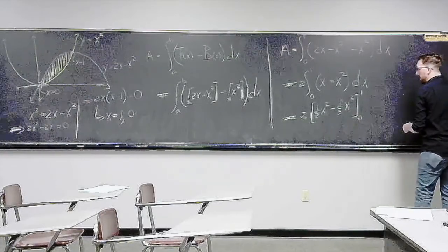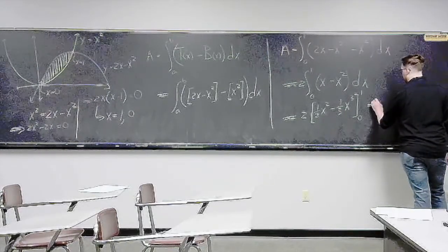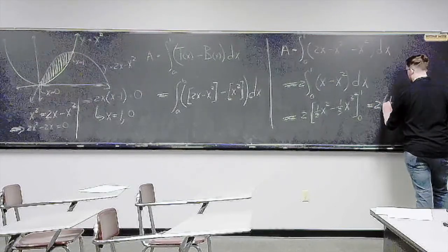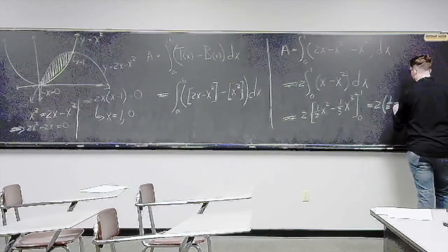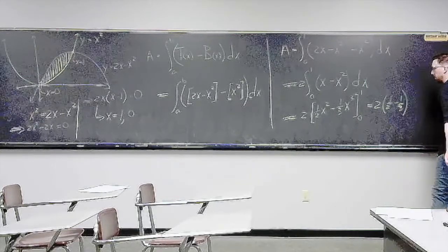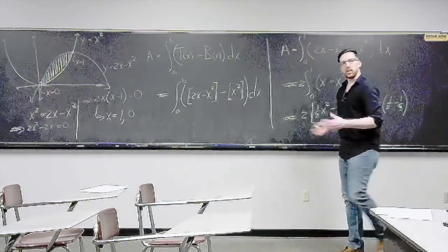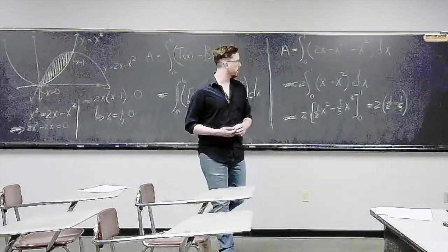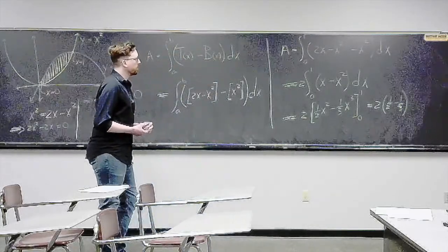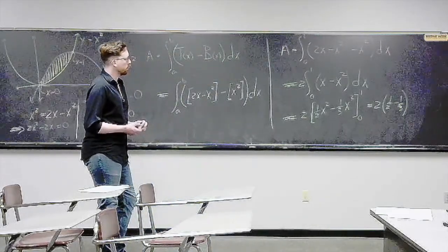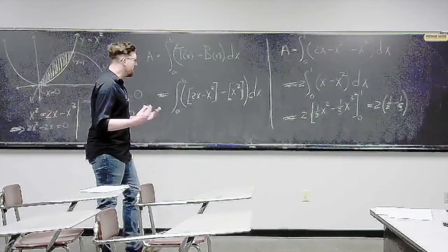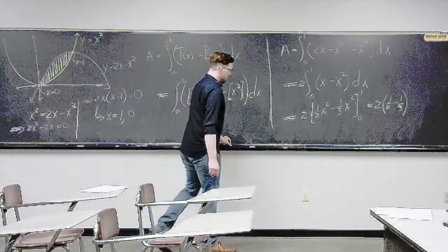At 0, everything dies out, so we're left with 2 times 1/2 minus 1/3. And that's it. That's all there is to this problem. And that's how we do these things.